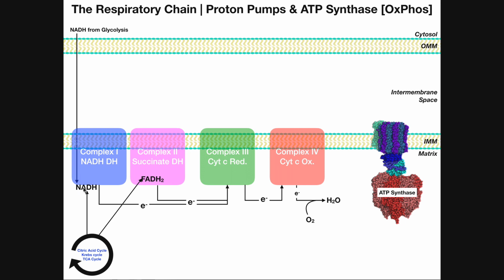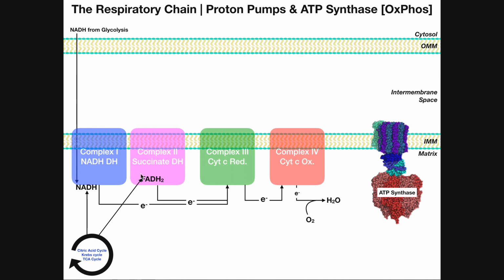Now, the substrate for complex 1 is NADH. The substrate for complex 2 is going to be FADH2. All right? Now, the idea here is that NADH and FADH2 carry electrons because technically in their production, they're the result of oxidation-reduction reactions.